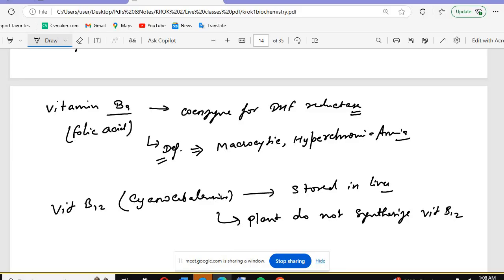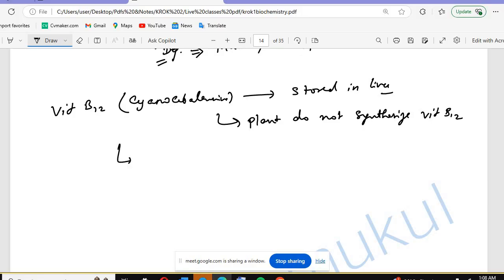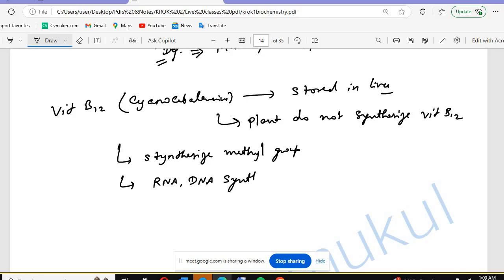Along with that, vitamin B12 is involved in methyl group transfer. They are also responsible for RNA and DNA synthesis, essential for cell division.